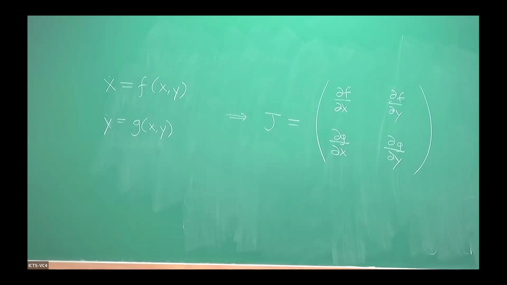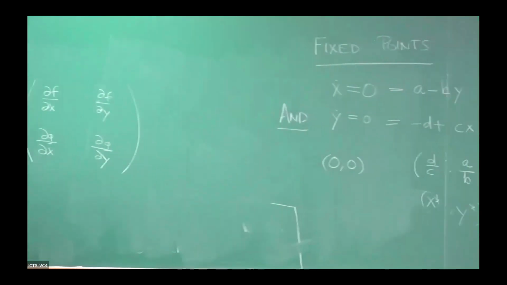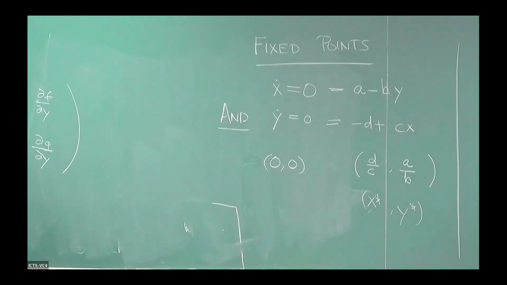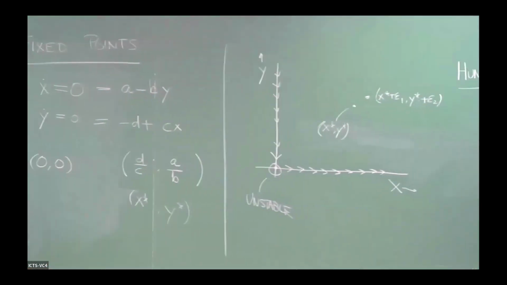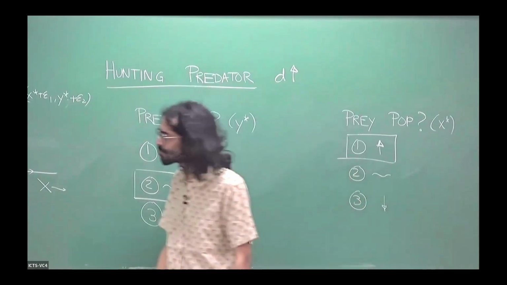And then you want to go a little bit farther away from the fixed point. So let's say you go to a point which is x star plus epsilon 1 and y star plus epsilon 2. You perturb x and y by some amount, and then you do Taylor series, etc.